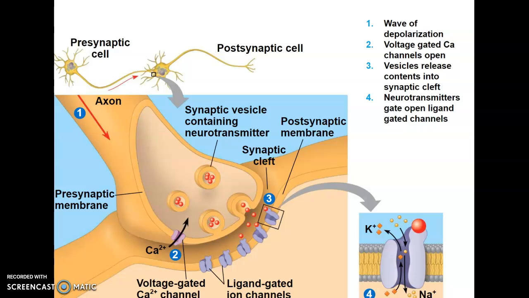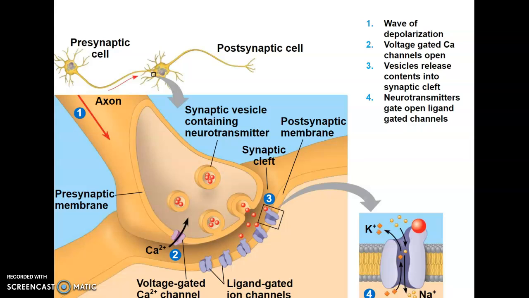So the steps of exocytosis are: the wave of depolarization enters into the axon terminus. That depolarization causes the opening of a calcium channel and an influx of extracellular calcium. And that calcium acts as a signal to cause the exocytosis of the contents of the docked and primed synaptic vesicles.